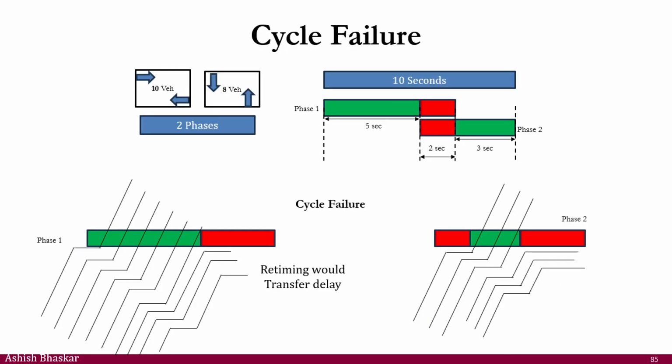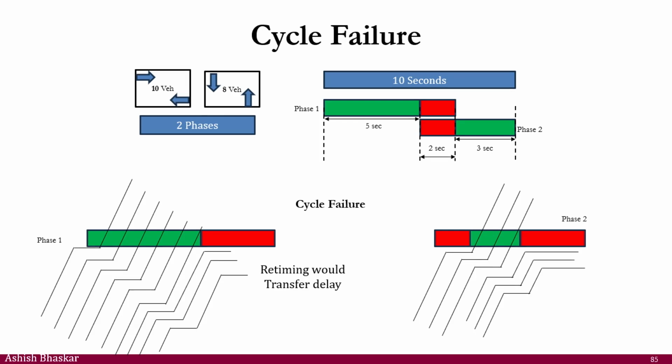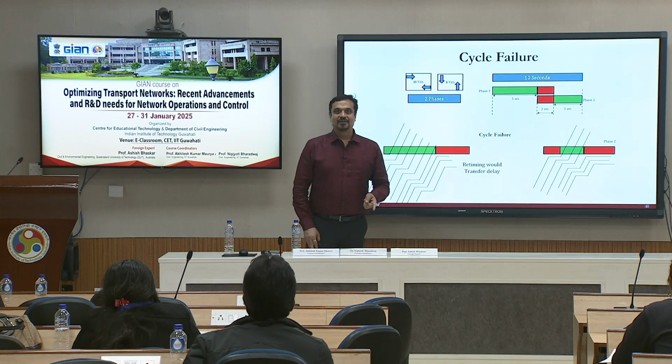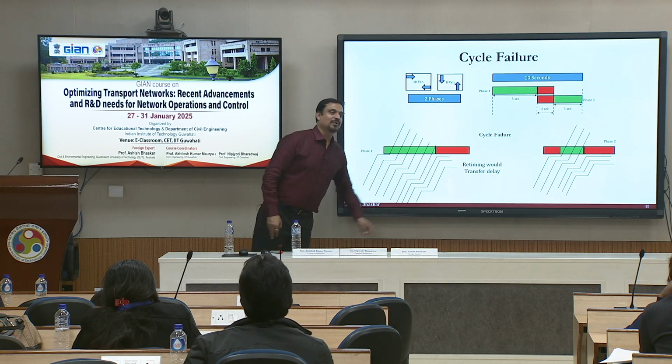Now, you ask, if I have a trajectory, I can know whether there is spillover or not. If the guy has stopped more than twice, it's a spillover. If stopped once, it's not a spillover, right? But then again, if I have a randomly selected trajectory, it can be this one or it can be that one.